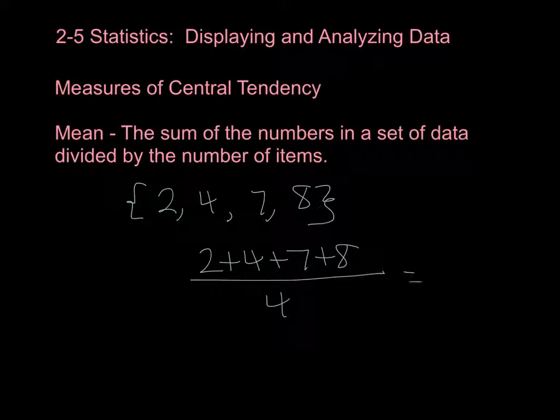In this case, we'd get 6 plus 7 is 13, 13 plus 8 is 21, over 4, and if we put that into our calculator, 21 divided by 4 would be 5.25. So that's the mean.